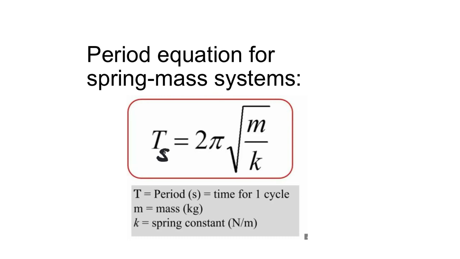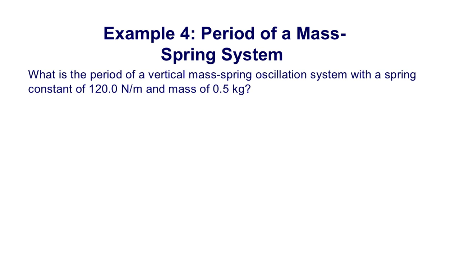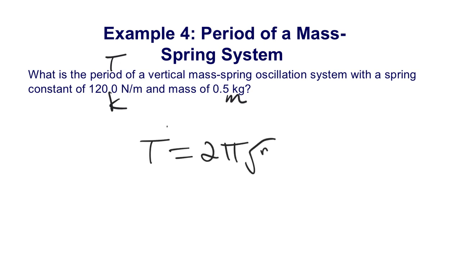Now, notice, this is a mass on a spring. Here's the K, here's the M. I'm looking for the period, so the period equals 2 pi times the square root of M over K. So it's 2 pi times the square root of the mass, 0.5, divided by 120.